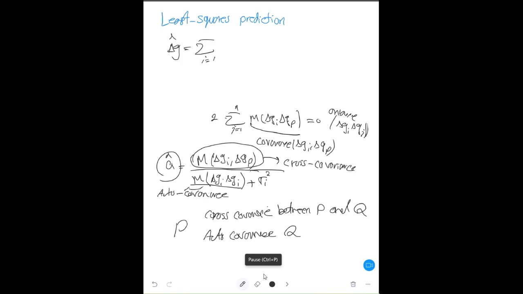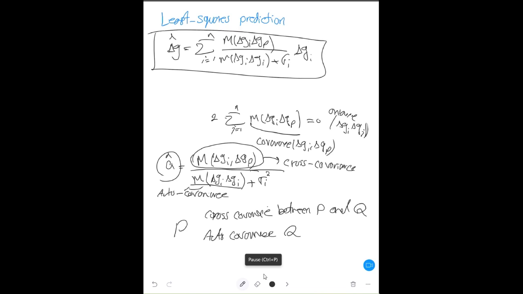In that case, I write the estimator and insert what I have estimated for a_i: the covariance of delta G_i and delta G_P, over the covariance of delta G_i and delta G_j plus the variance, times delta G_i. That is the least squares estimator for predicting gravity anomaly. The 2 was missing here.